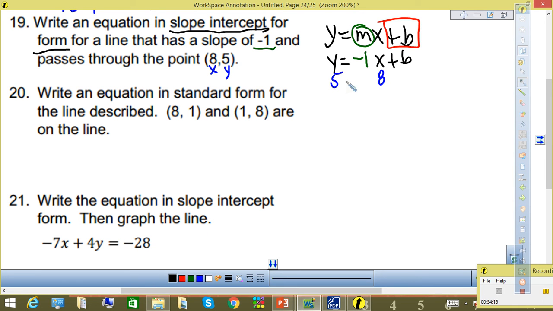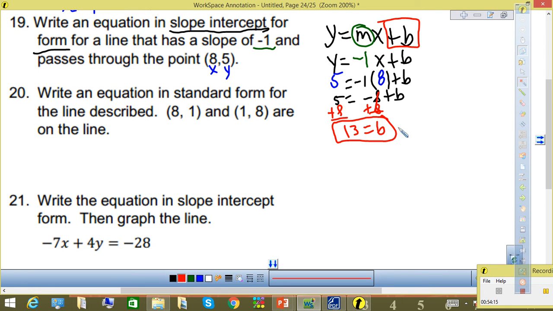Bring everything else down. Negative 1 times 8 plus b. This becomes 5 equals negative 8 plus b. Let's solve for b. So I add 8, 13 equals b. So now, can I write my equation with that information?